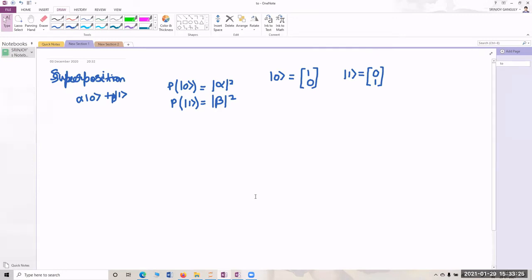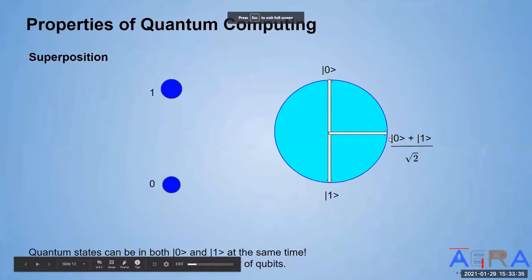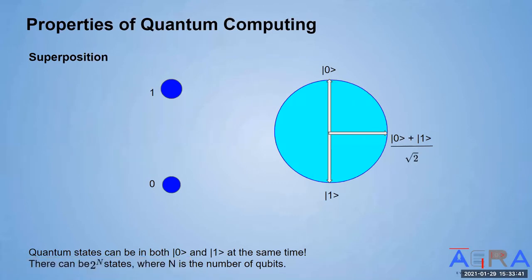So now they are in a complex linear combination, and that gives you the parallel processing power which I'm talking about. People say that qubits are 0 and 1 at the same time, but rather than that terminology, we use complex linear combination.